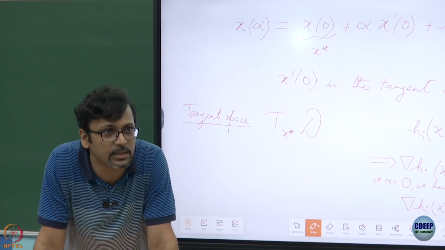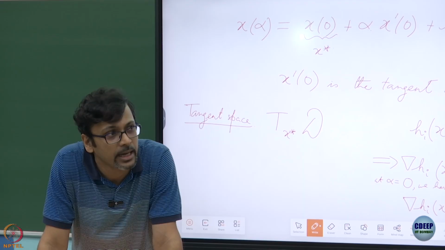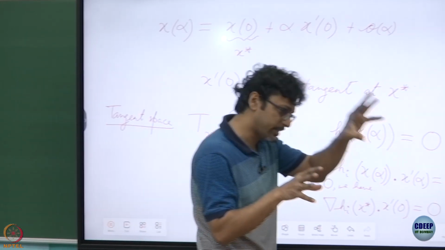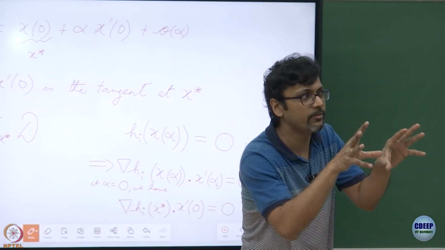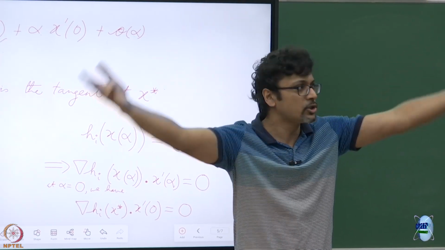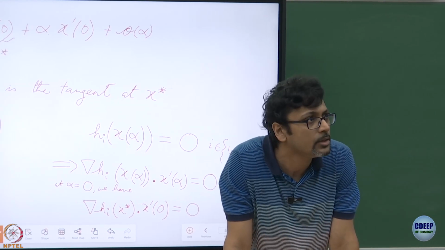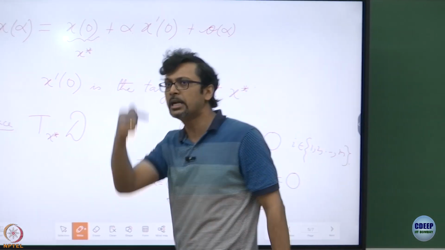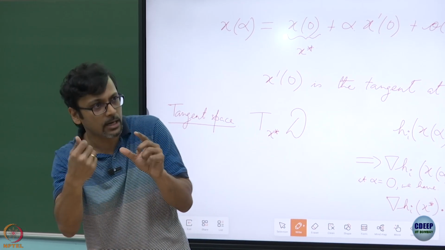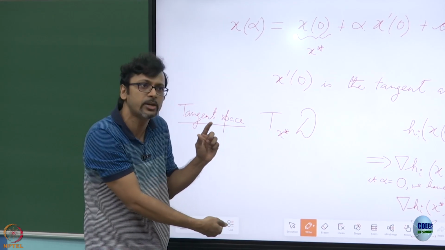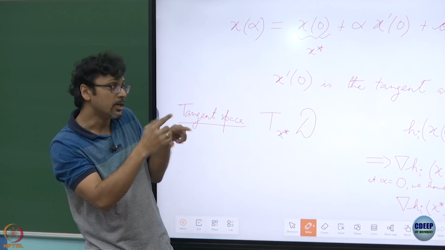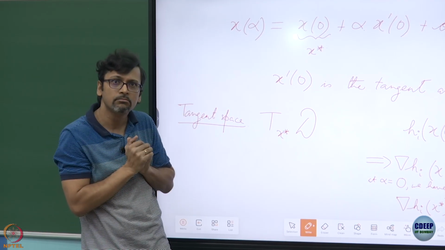So it is a vector that lies in an n minus m dimensional subspace, because the sum of the dimensions of a vector space and its orthogonal complement when you are living inside a finite dimensional vector space is equal to the dimension of the ambient space, which is n. So you have m constraints, each of them is linearly independent, and this vector v arbitrarily that you picked up, which is orthogonal to each of those m constraints. So it is residing inside the orthogonal complement of the span of the grad h's.